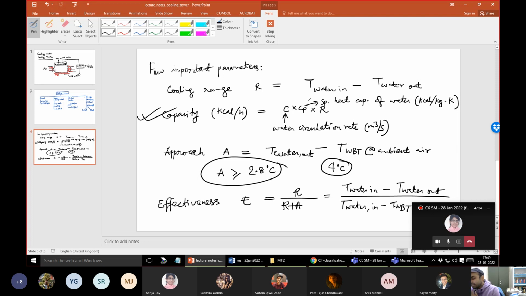Right, so you can clearly understand that if the approach is reduced, the effectiveness will increase, right? That is the thing. So everybody would like to have a lower approach, but there is a limitation. You cannot decrease the approach too much, otherwise the heat transfer efficiency will again decrease.